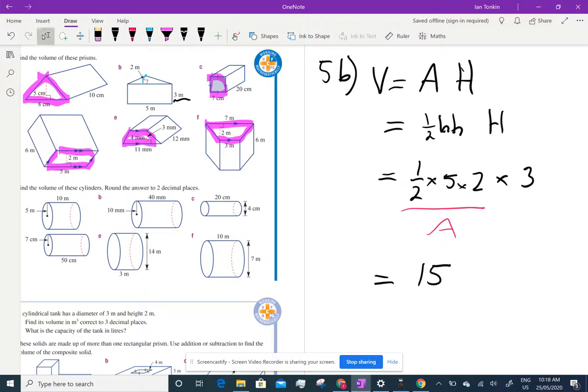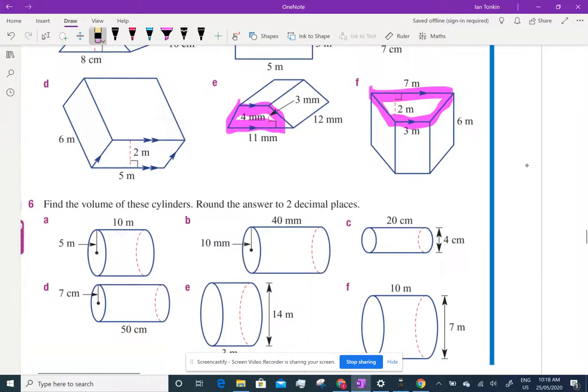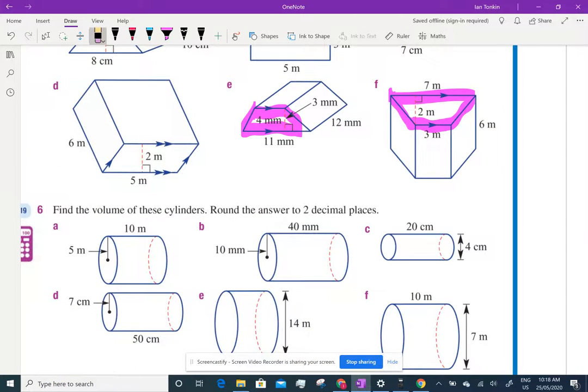And what units have we got? Metres cubed. I'm just going to double check 5B, and it is 15 metres cubed. Okay. So you should be right in doing A and C, and even D you should be okay.